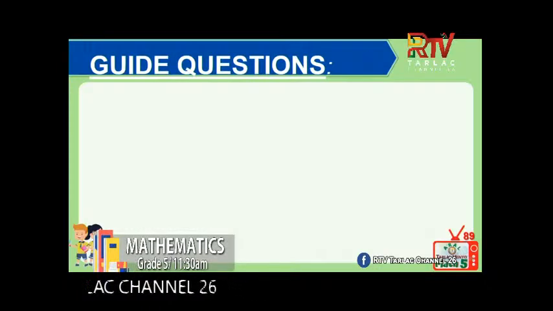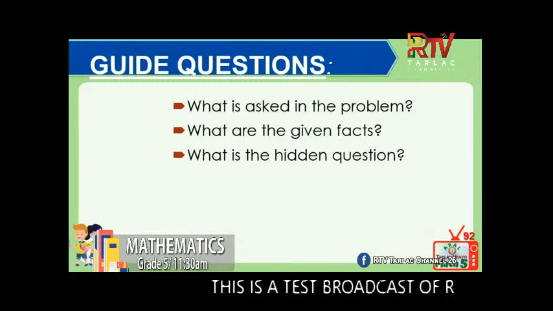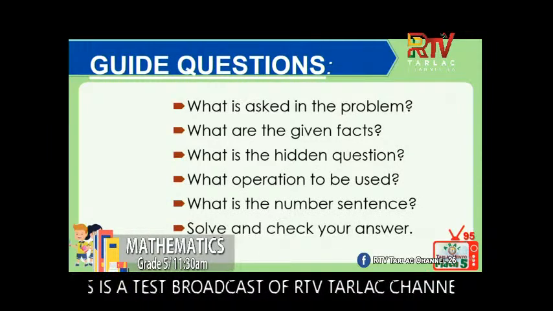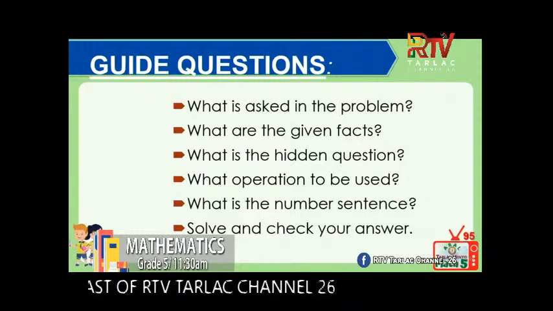I will guide you in answering your activities. Under Try This, there are 5 word problems presented. In each word problem, there are 6 guide questions that will help you arrive with the correct answer.